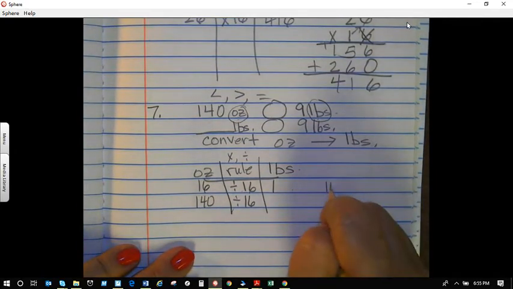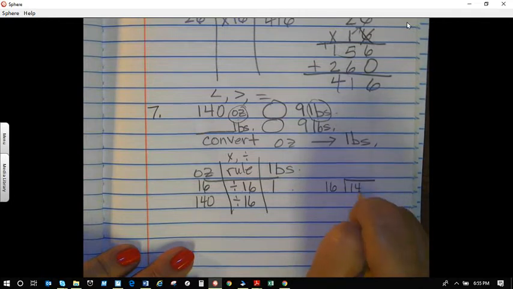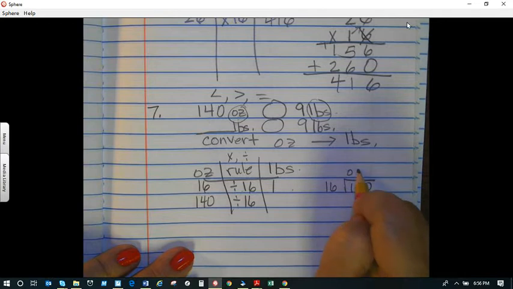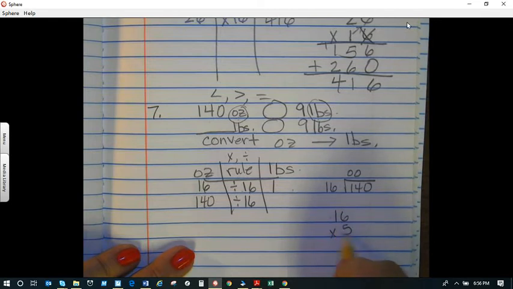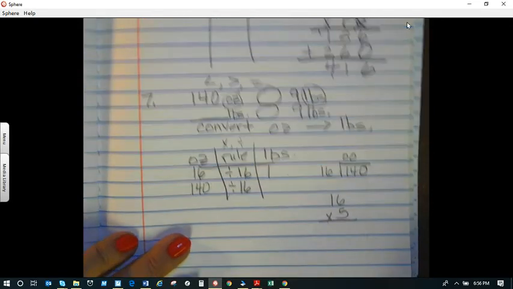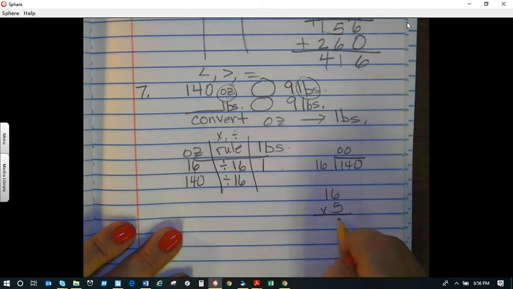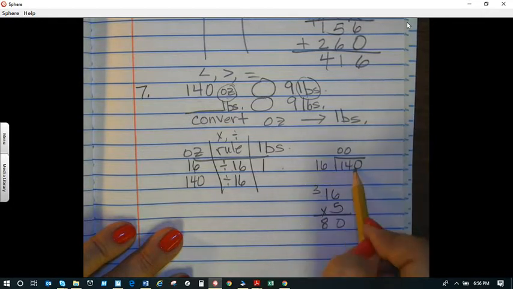Now I'm going to divide out. 140 goes into 1, 0 times, into 14, 0 times. So I'm going to start off with my 5, in the middle range. 16 times 5. 5 times 6 is 30. 5 times 1 is 5, plus 3 is 8. I can keep going. 16 times 6. 6 times 6 is 36.